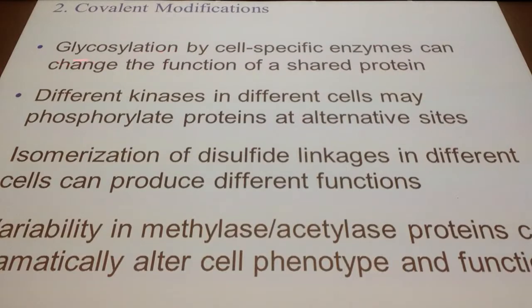Glycosylation is the addition of carbohydrate residues. I say carbohydrate residues because carbohydrates can come in different lengths and different complexity, and you can have the addition of carbohydrates onto the protein, but then you can also have addition of carbohydrates onto the existing carbohydrates on the protein as well.